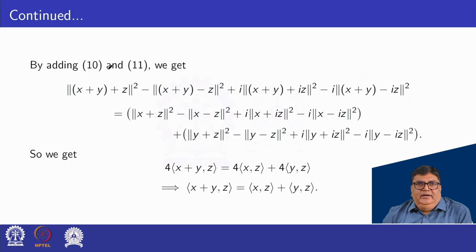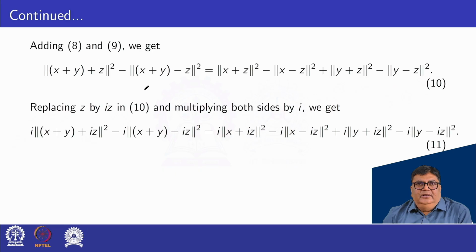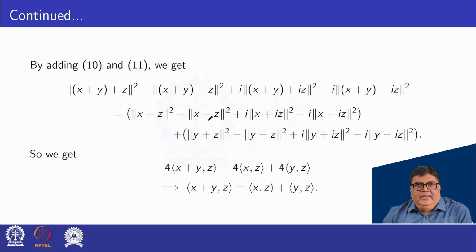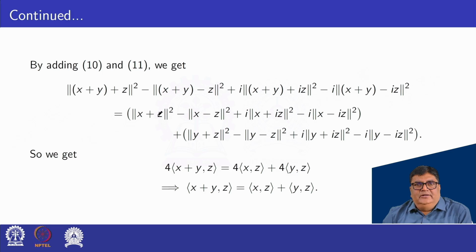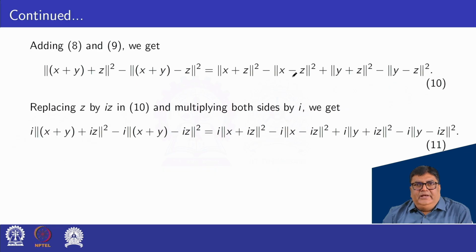By adding 10 and 11, we get this expression: norm of (x plus y plus z) square minus norm of (x plus y minus z) square plus i norm of (x plus y plus iz) square minus i norm of (x plus y minus iz) square equals norm of (x plus z) square minus norm of (x minus z) square plus i norm of (x plus iz) square in this.